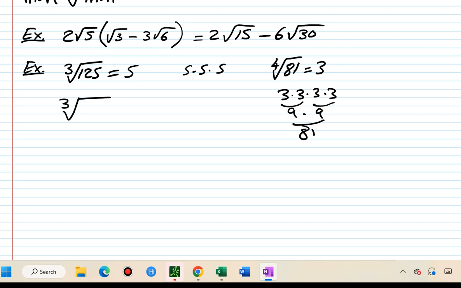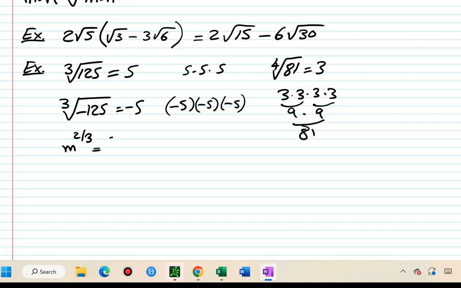And what if I have negative 125, by the way? This time negative 5, negative 5, negative 5, that product is negative 125. So notice with odd index, it is possible to have a negative radicand. Now, let's do something like a rational exponent, m to the 2/3.